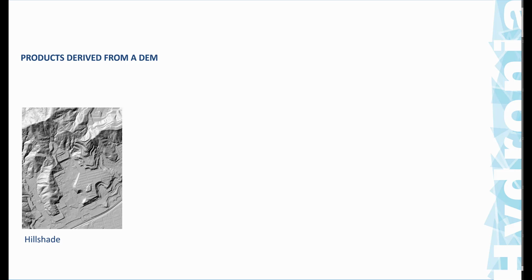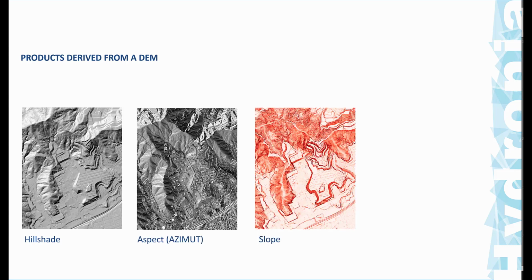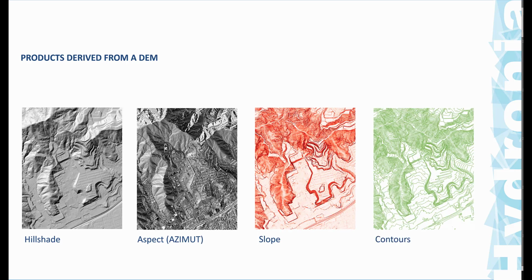But in addition, from the DEM, you can also obtain other derivative values that can be useful for projects, such as shadow map, hillshade, as you see here, aspect, slope, and also contours. That is a very typical way to represent terrain areas.